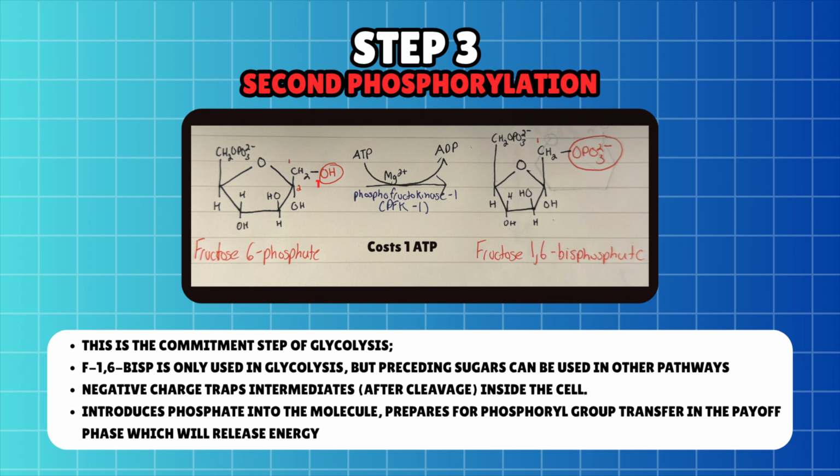So a little bit like step 1, the negative charge traps intermediates after cleavage inside the cell. And finally, this step introduces a new phosphate into the molecule, which prepares the phosphoryl group transfer in the payoff phase, which will release energy.